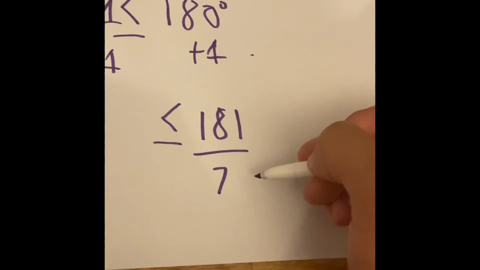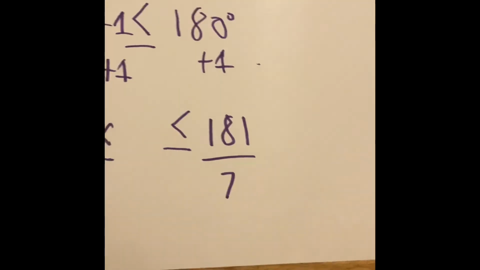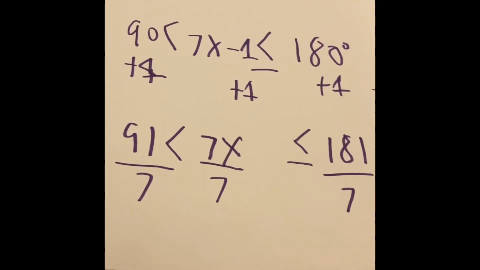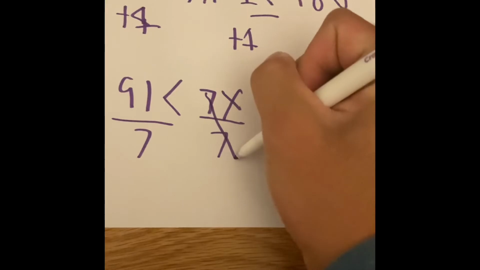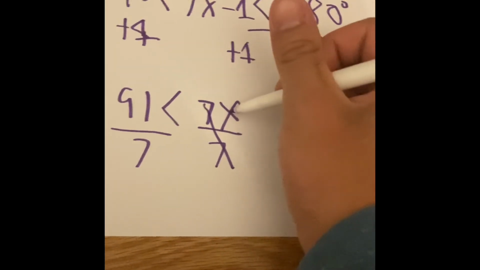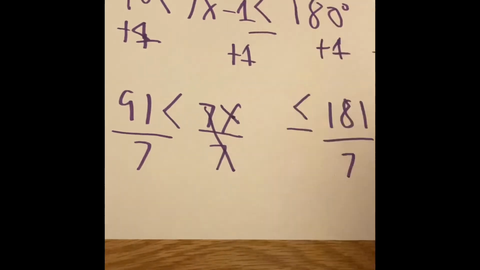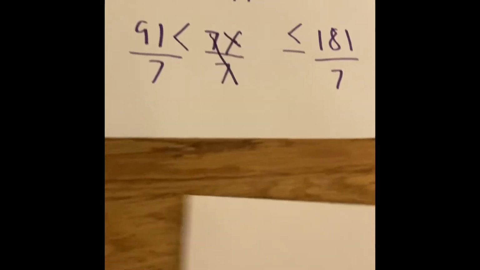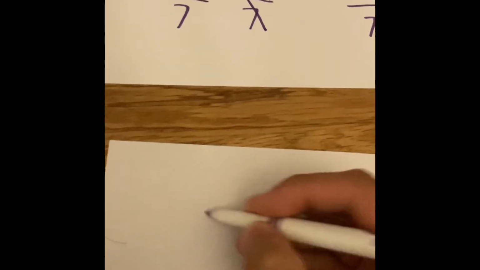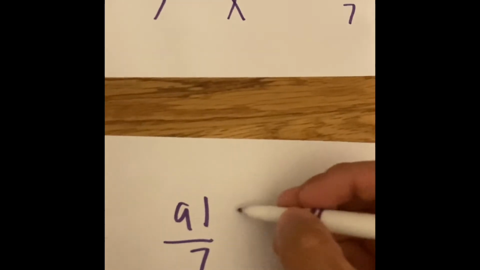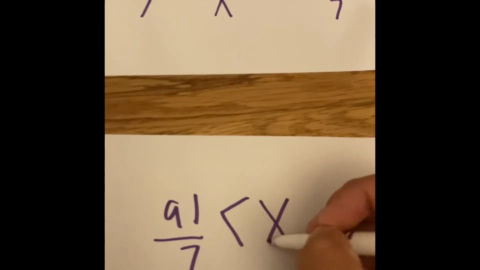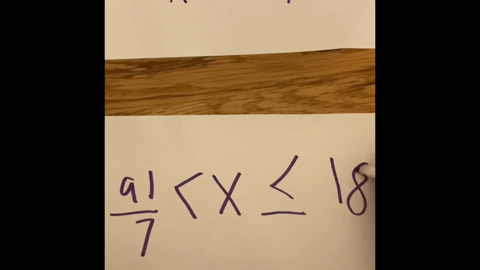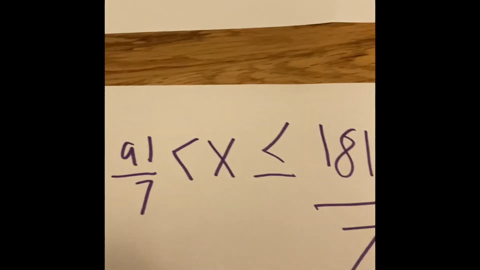If you try and do that, you'll come out with a decimal, which we don't want. So what we're going to do is cross out the two 7s because they cancel to get x alone. So pretty much our simplest form of this equation is going to be 91 over 7 is less than x, but is also less than or equal to 181 over 7.